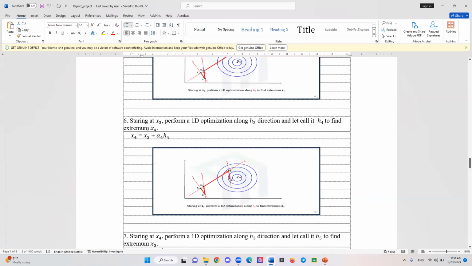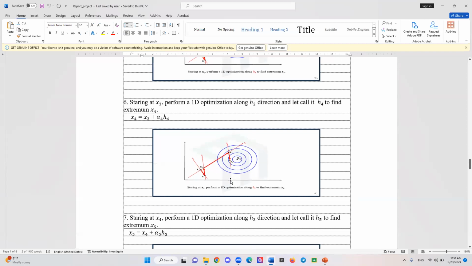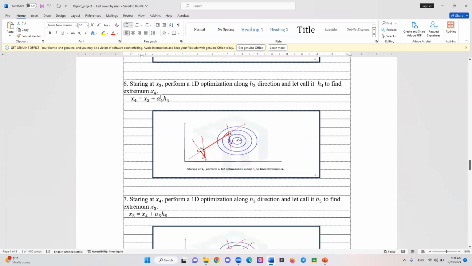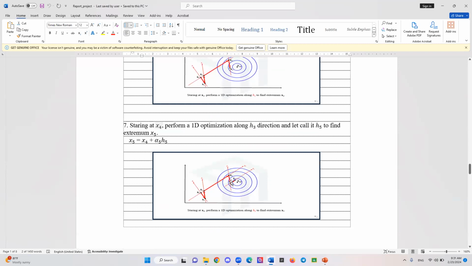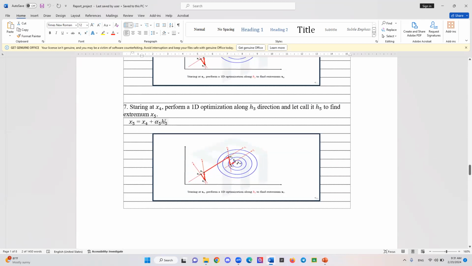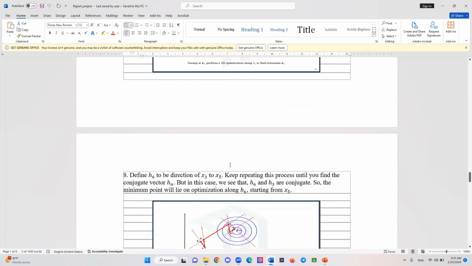Starting at x3, perform a 1D optimization along the h2 direction to find the extremum x4, where x4 is equal to x3 plus alpha 4 h2. Starting from x4, perform a 1D optimization along the h3 direction to find the extremum x5, where x5 is equal to x4 plus alpha 5 h3.